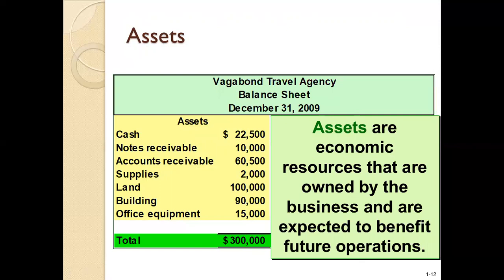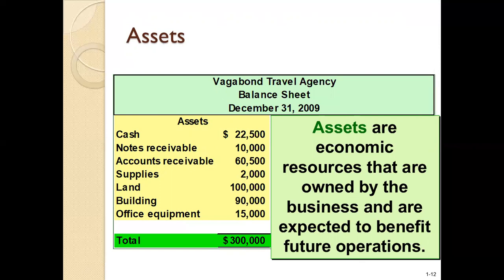Whenever you want to start any business, you will always require some sort of an asset. For example, if you want to start your textile manufacturing business, then you would require machines for it, you would require premises for it, you would require inventory for it.